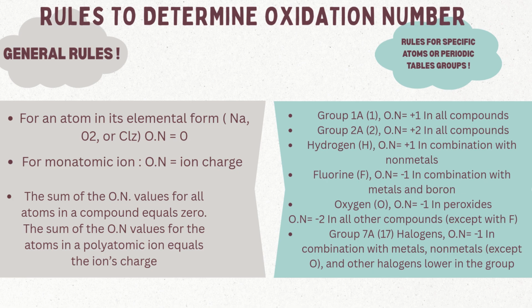The rules for oxygen are more varied. Its most common oxidation number is -2 in all other compounds. However, in peroxides, like H2O2, its oxidation number is -1. The elements in group 7A, the halogens, primarily take an oxidation number of -1.